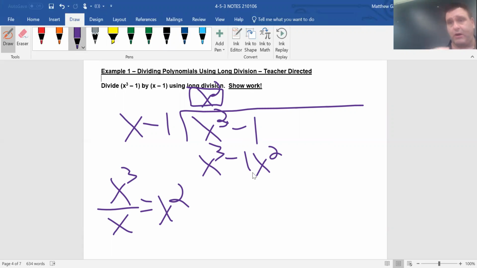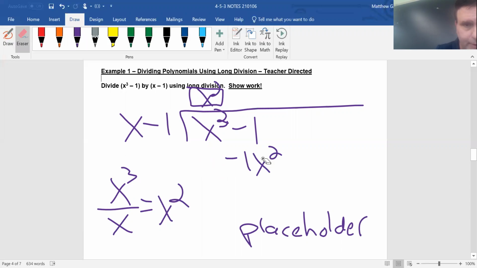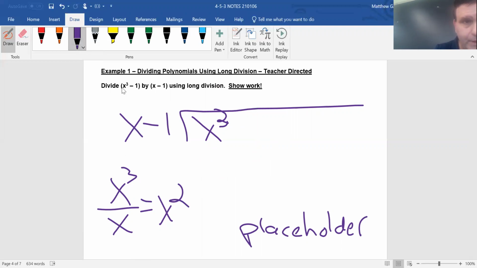So we need what I call placeholders. A placeholder just basically indicates, if we go backwards and get rid of this for now, we're still going to start with this, but we're going to write x cubed minus 1 using placeholders. So we have the cubic term.